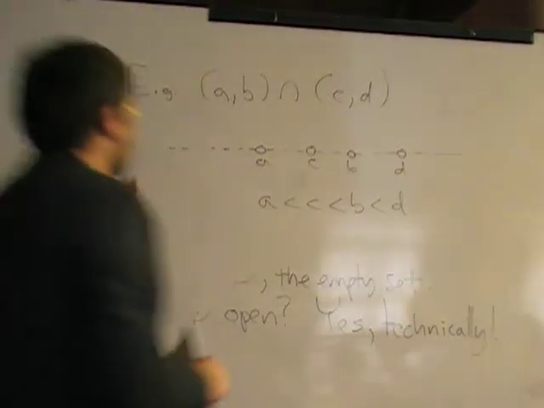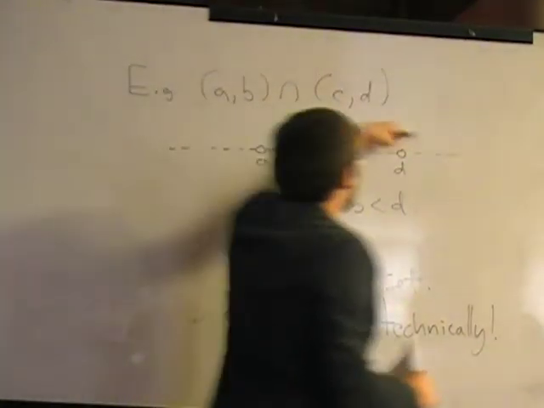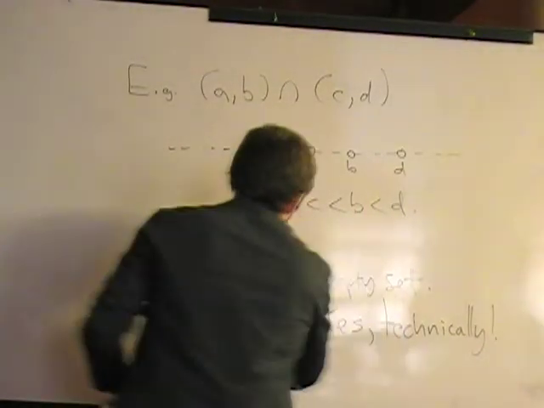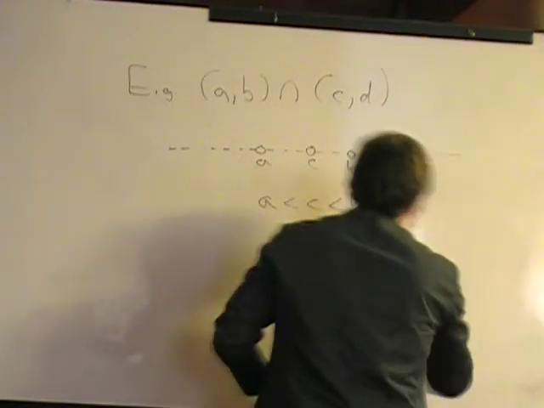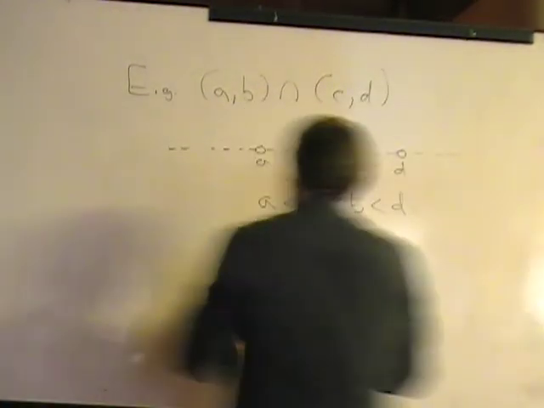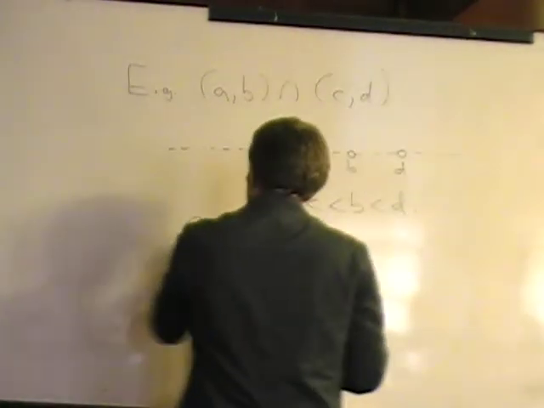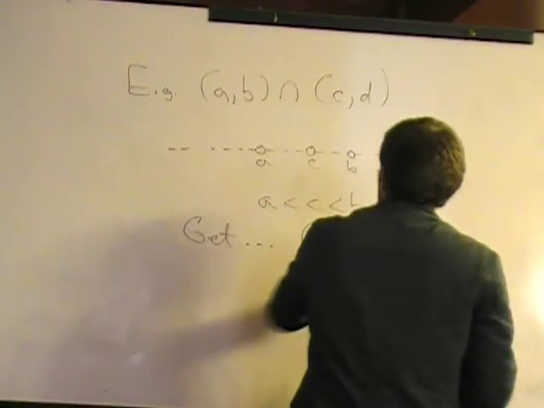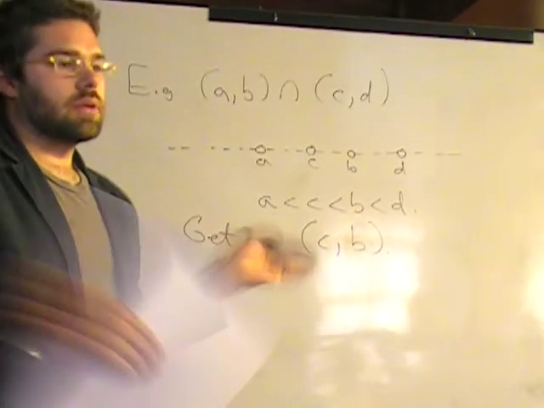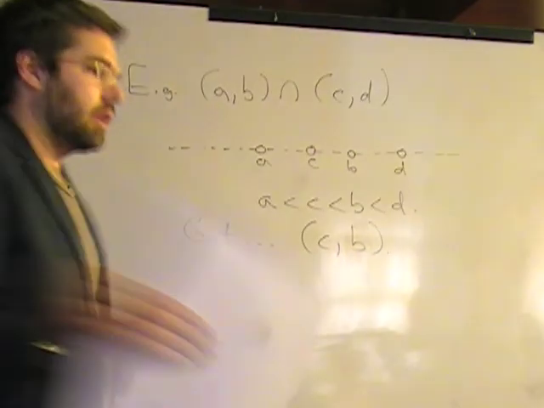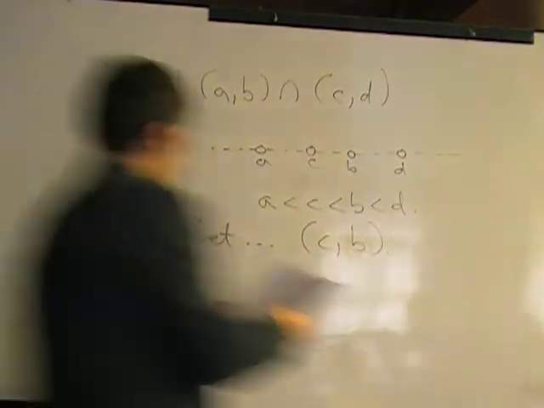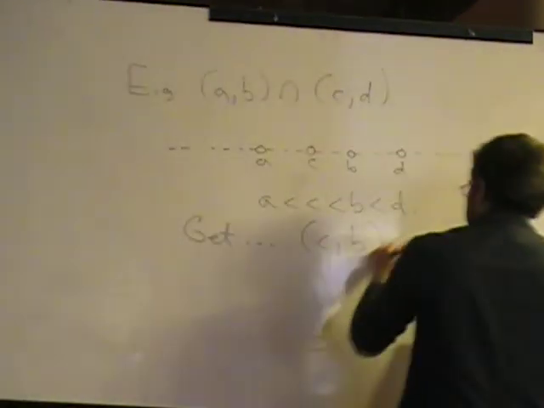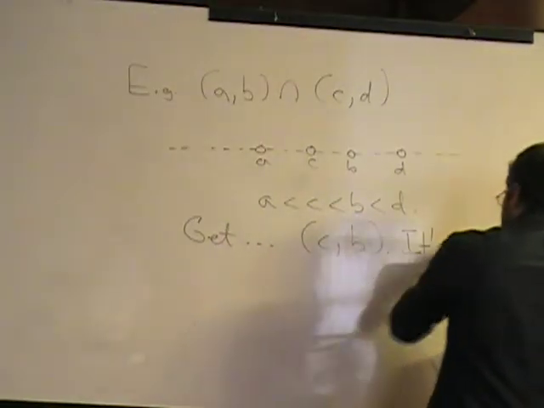I need all things that are between A and B, and also between C and D. So in this case I'm going to get something: the open interval from C to B. Is that open? Yeah, it is. So in this case, once again, it's open.